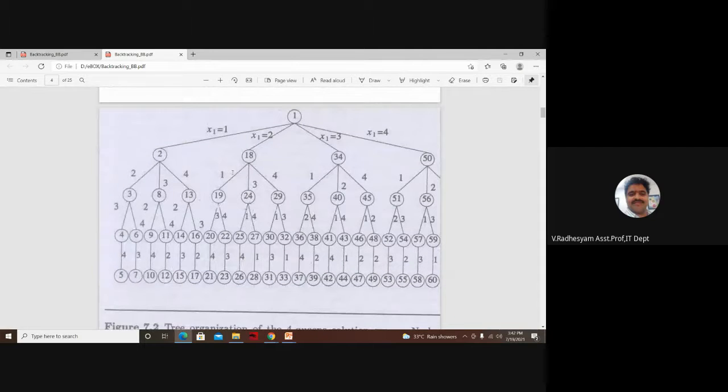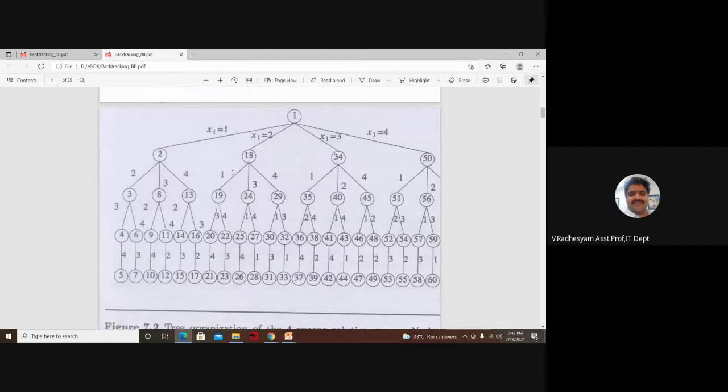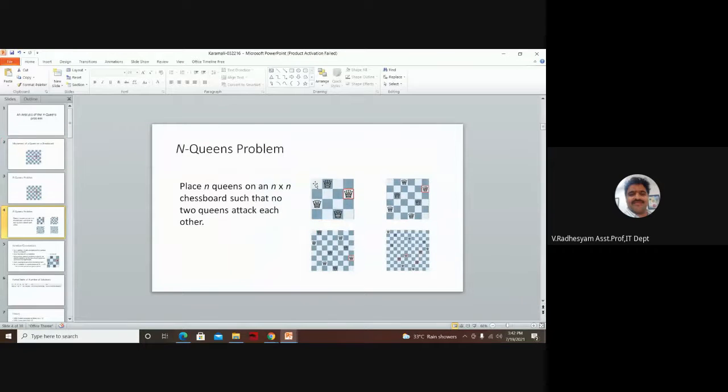Yes, now you focus here. Suppose 4 queens are given like this. Here you see this is 1st row, 2nd row, 3rd row, 4th row. 1, 2, 3, 4, 4 queens.